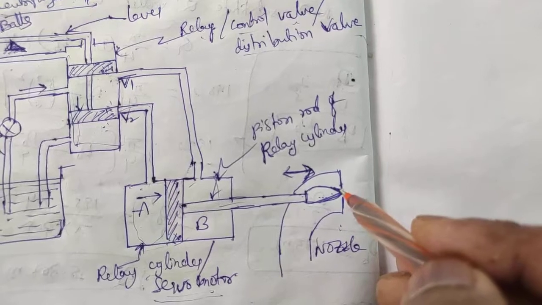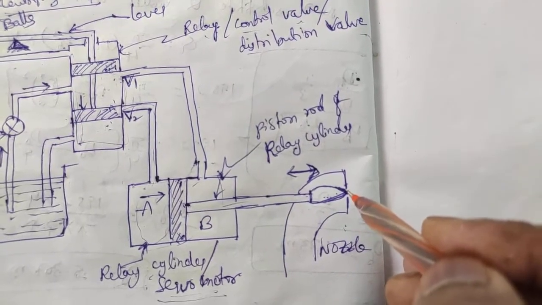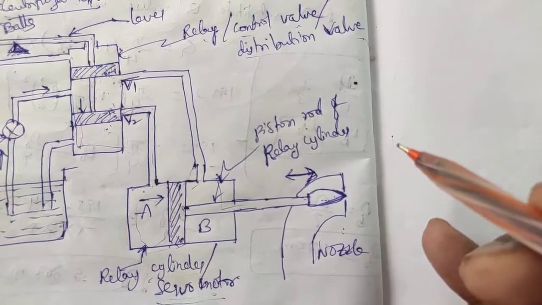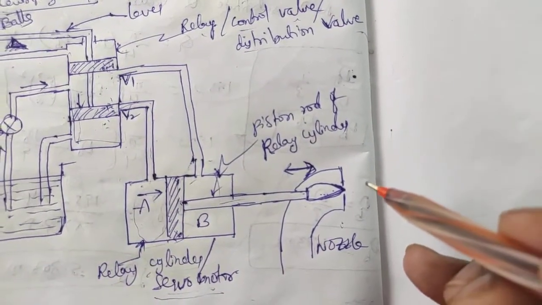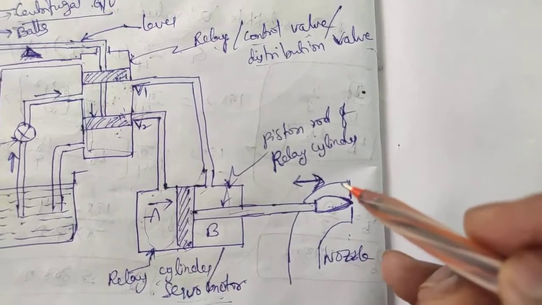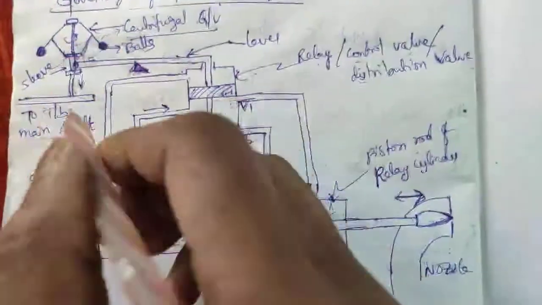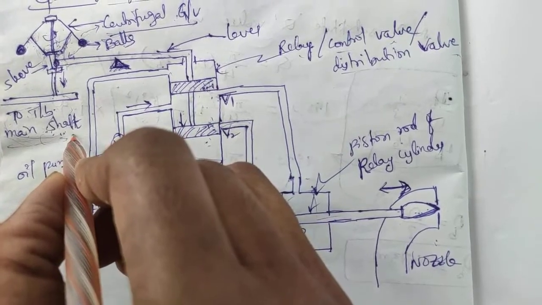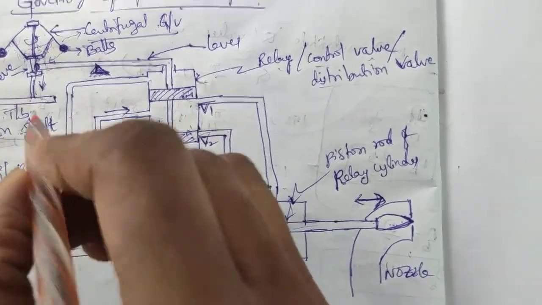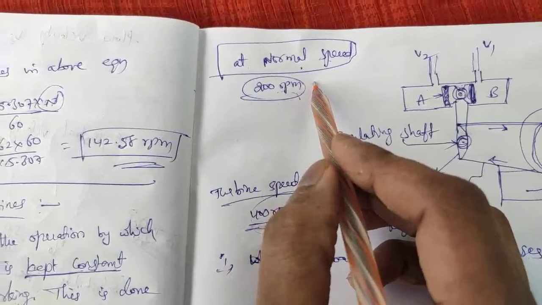If you decrease the rate of flow, the turbine rotation also reduces slowly. Thereby the turbine main shaft speed is reduced, that is, the reduced speed is the normal speed.